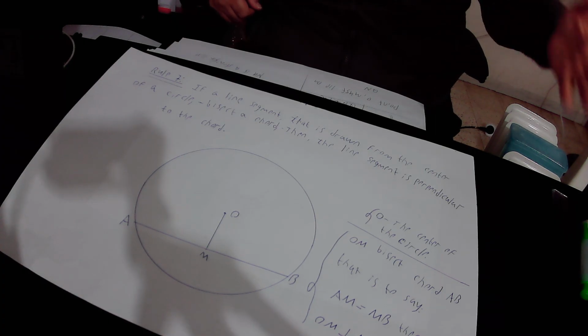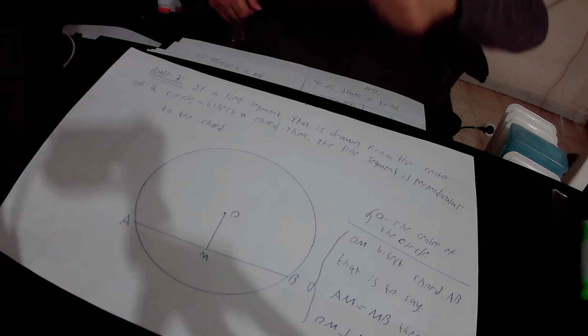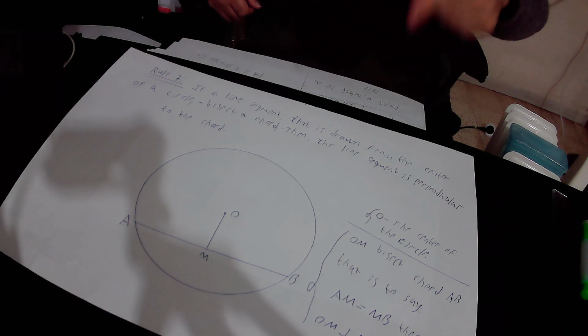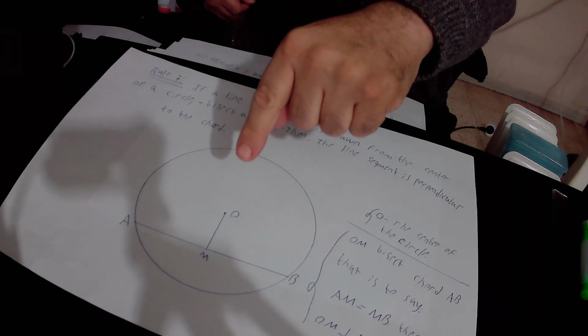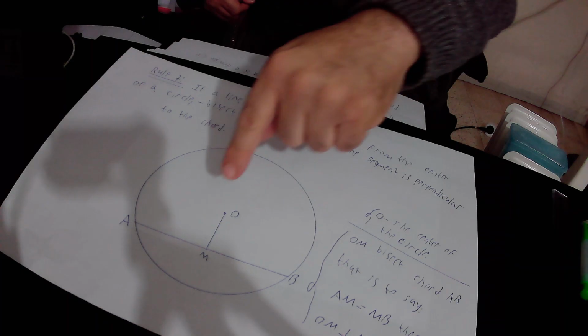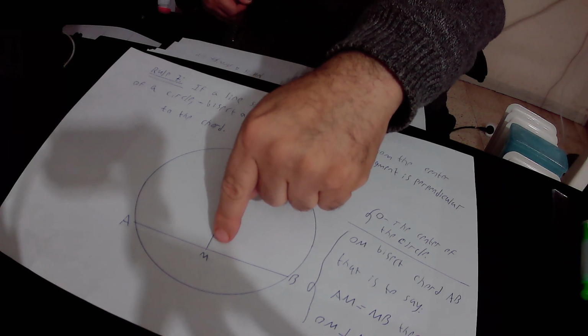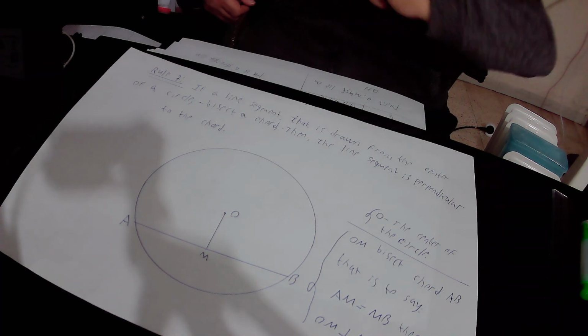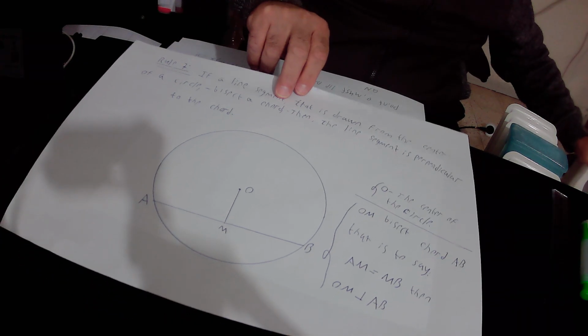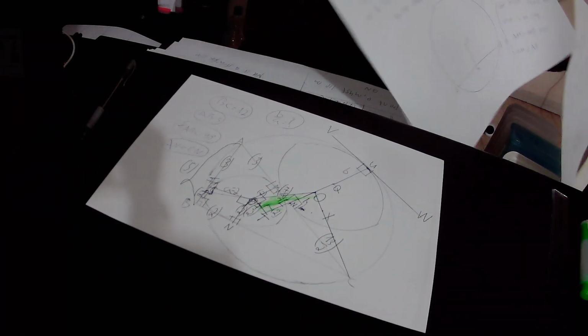Whenever you have a line segment from the center of the circle that bisects the chord, it not only bisects the chord, but it will also be perpendicular to the chord. According to this rule number 7, we can implement rule number 7 in our drawing.